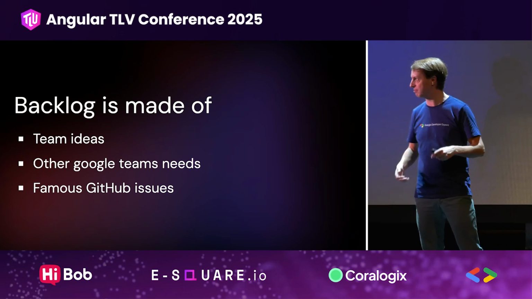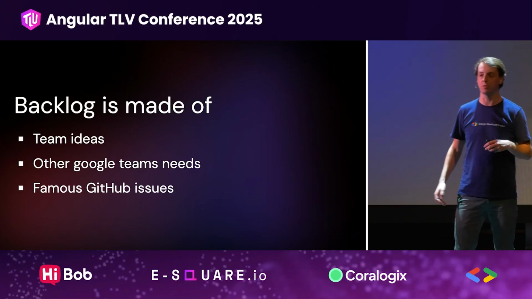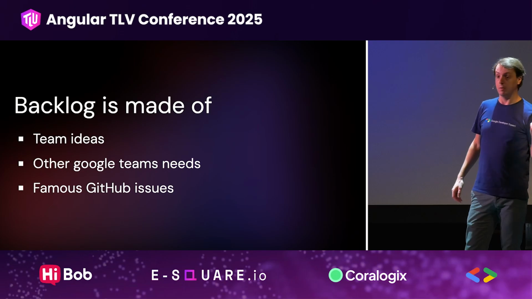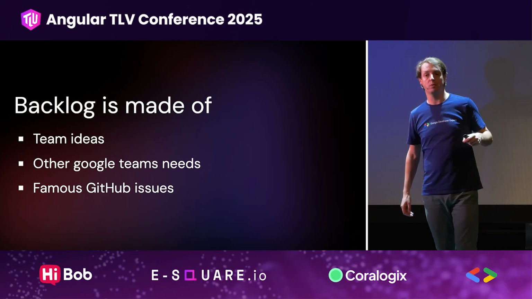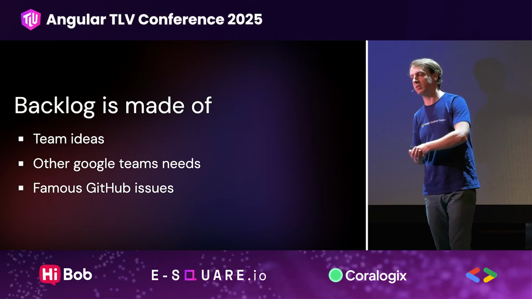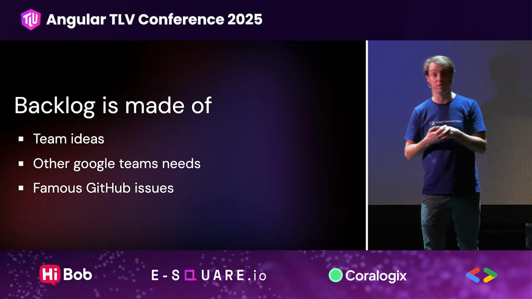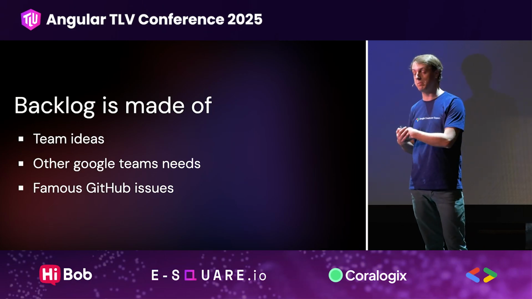And it's mostly made of three things. Ideas from the team, ideas that we have about where we want to go. Requests that come from inside Google. So we have teams that ask us, yeah, we would need this for our product, that would be interesting.